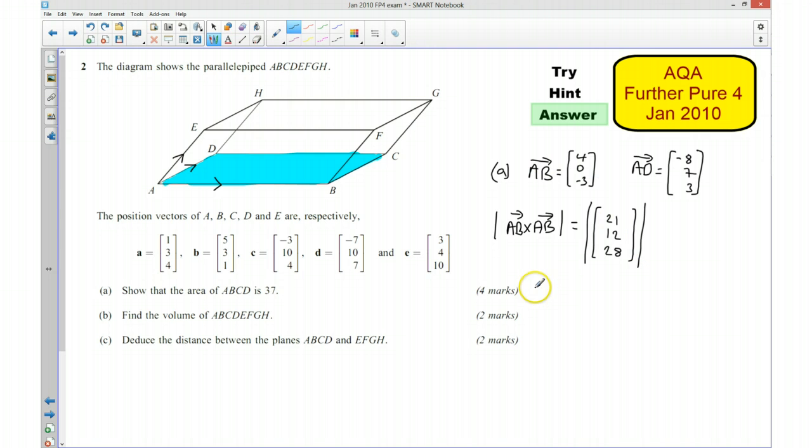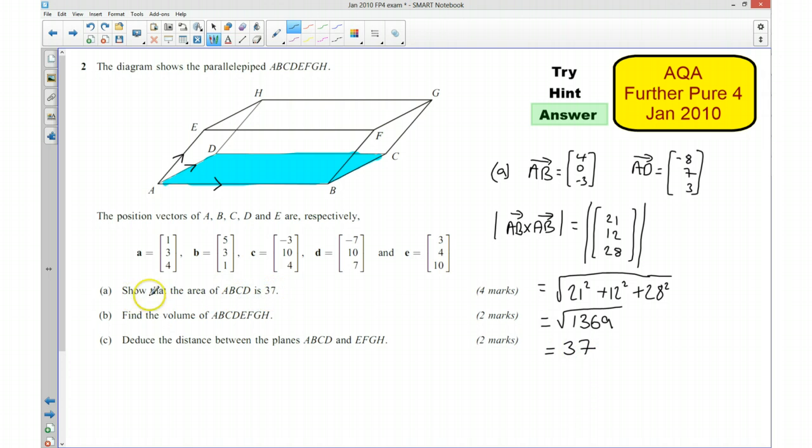So this is going to be equal to the square root of 21 squared plus 12 squared plus 28 squared, and I make that the square root of 1369, and the square root of 1369 is 37 units, which is what we're looking for.